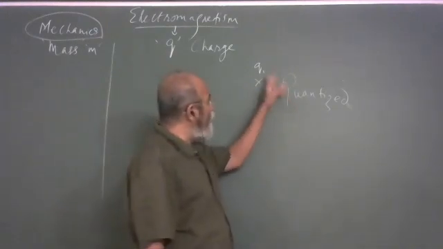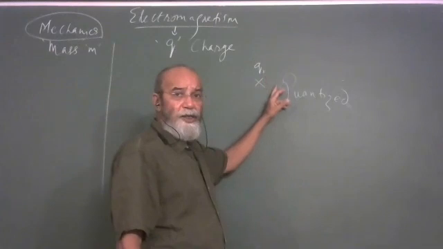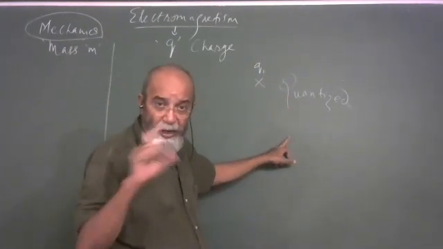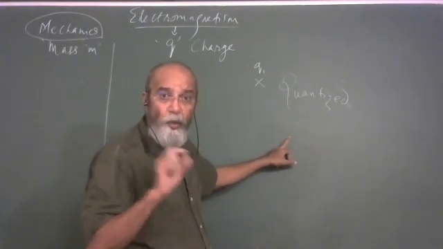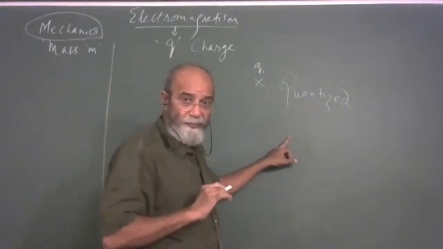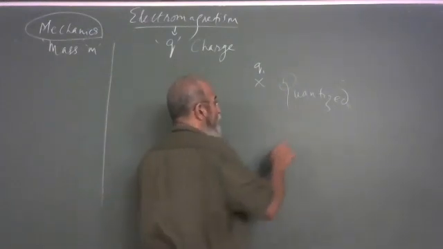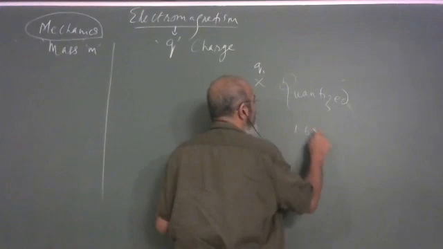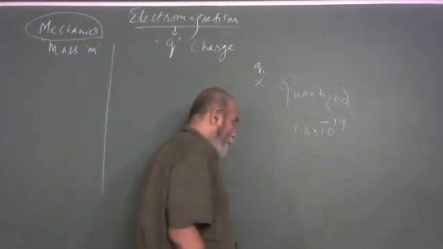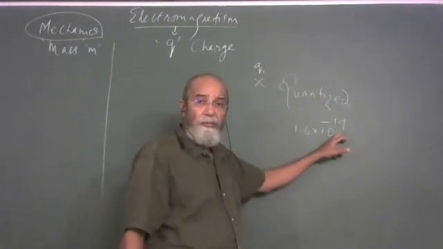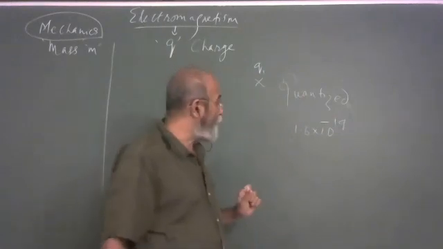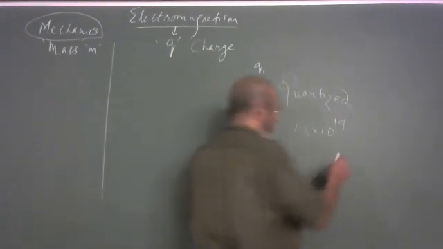As I go down to smaller and smaller values and come to the smallest value of charge, the quantum value of charge, it has a value of 1.6 times 10 raised to minus 19, with some measuring units for charge, which I'll talk about: coulombs.